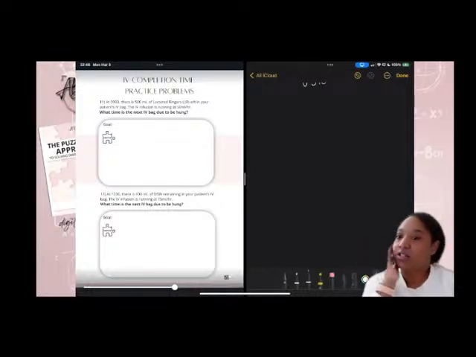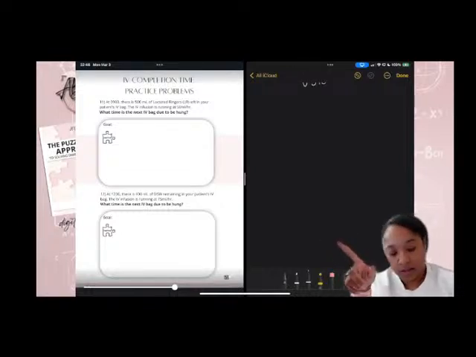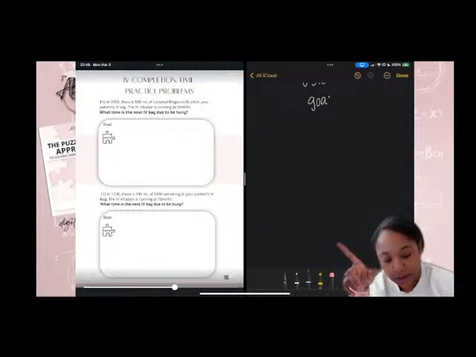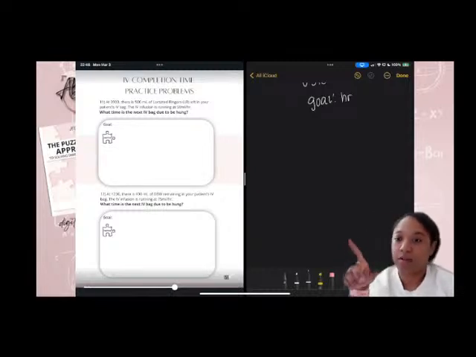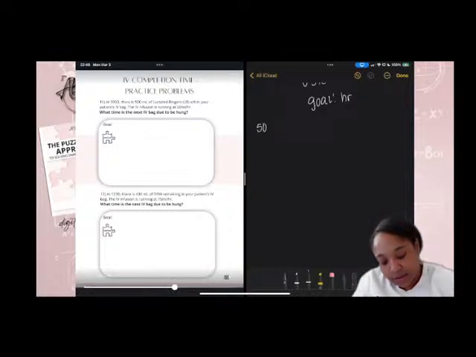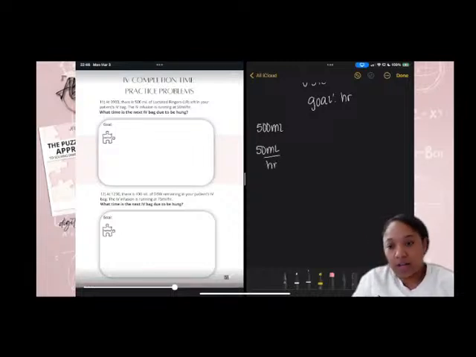Okay, so this one, number 11. Okay, we're looking for hours again. So what are our puzzle pieces? They're 500 mLs in the bag. And it's running at 50 mLs per hour. And the time does not go in there, because the time is what you're trying to figure out.